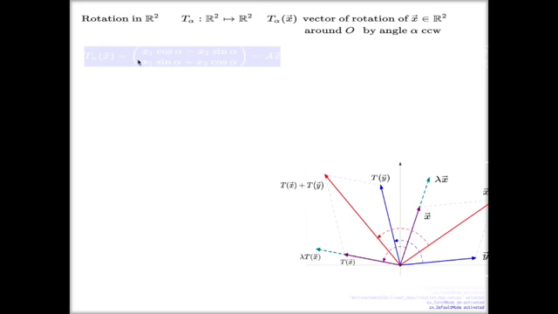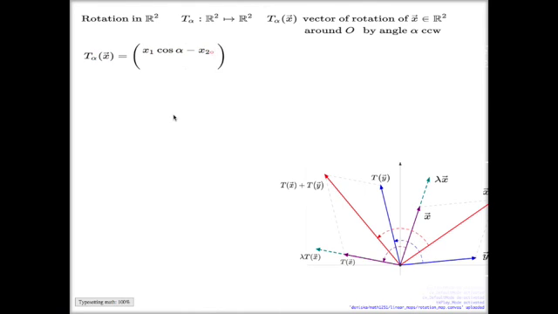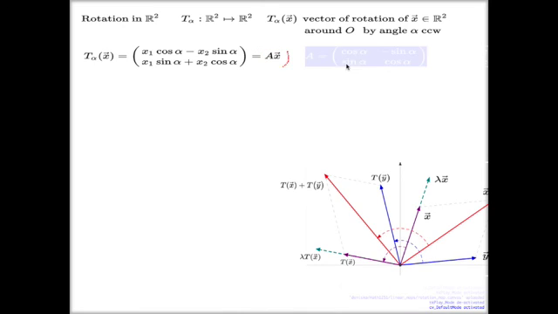I'll make a suggestion for the map. I claim that the rotation map will have this matrix type structure. If I introduce such a matrix A, which is a 2 by 2 matrix filled with cosines and sines in the proper positions, this map is a linear map.